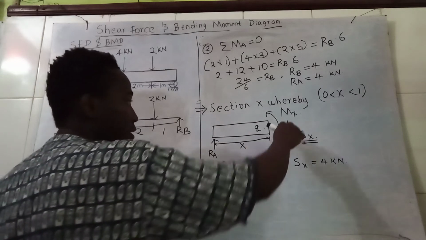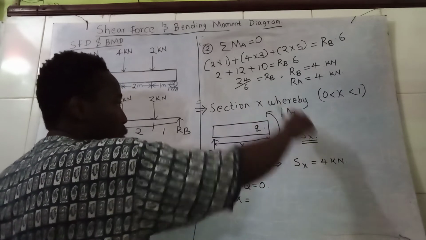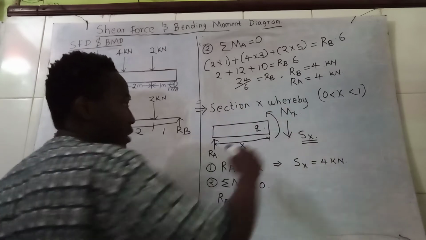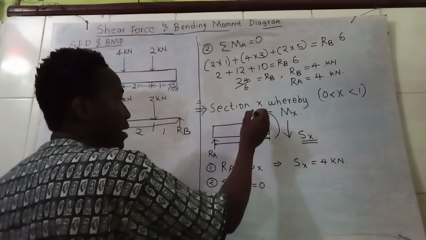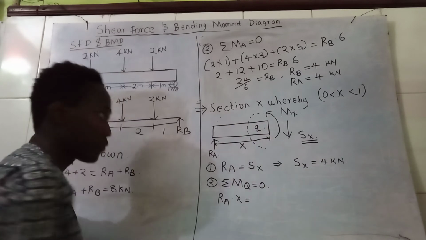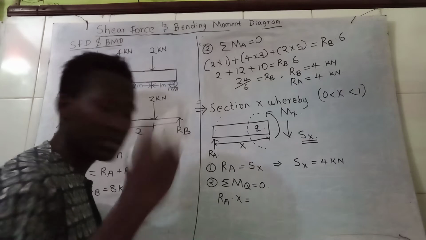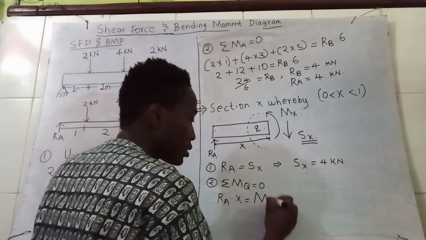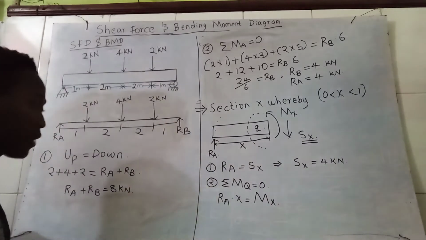Also remember, MX is going in the opposite direction to that of RA, and MX is a moment. So RA times X is equal to M of X.